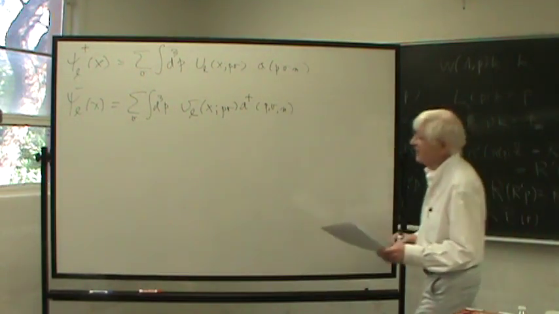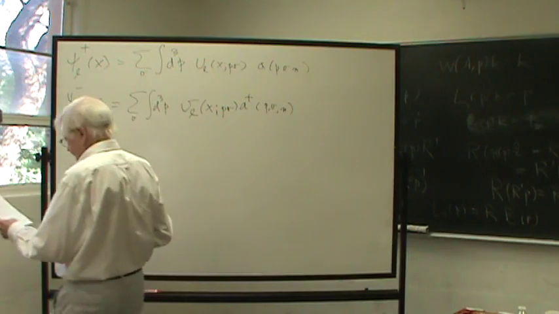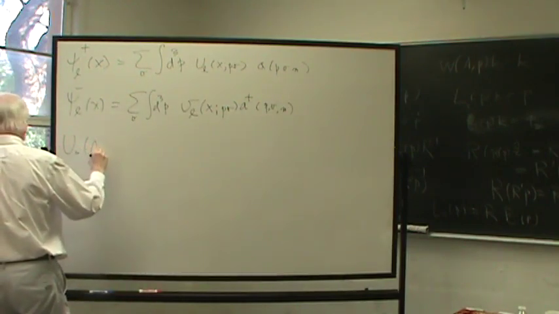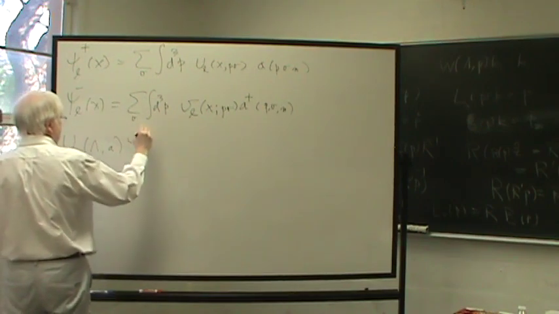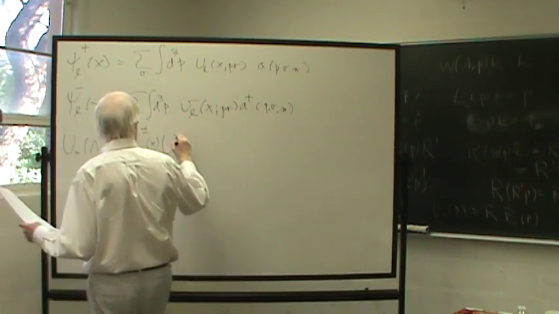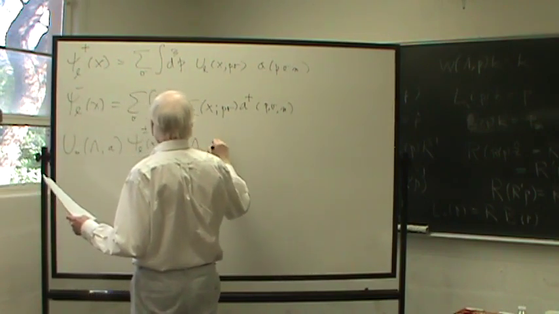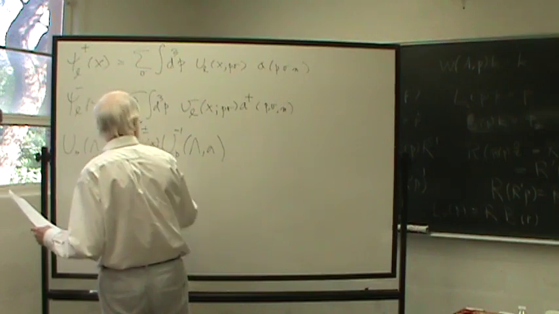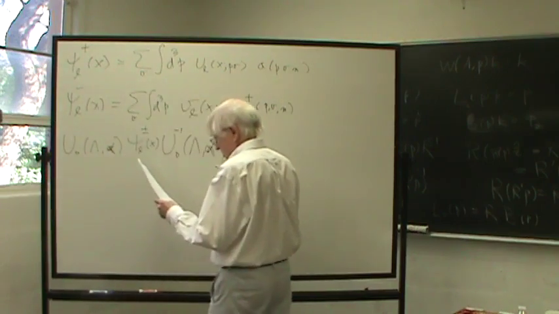All right, so what we're going to want then is that U0 of lambda and a, psi plus or minus of L of x, U0 inverse of lambda and a. And in fact, I think he calls that alpha.